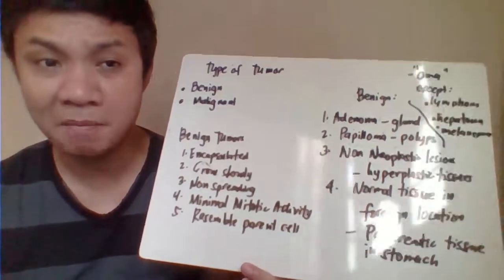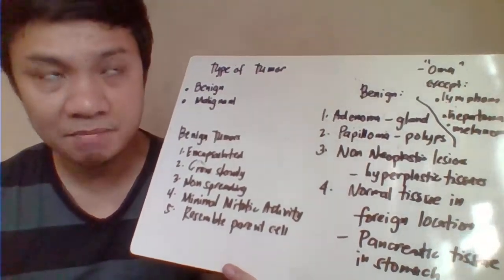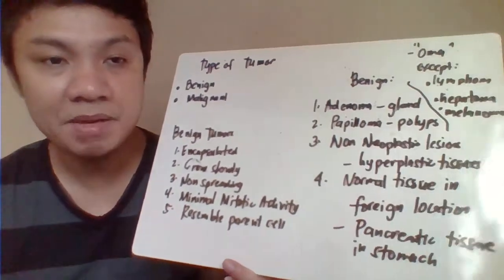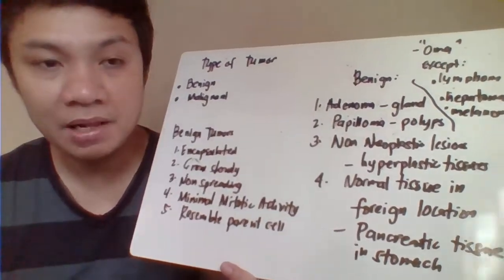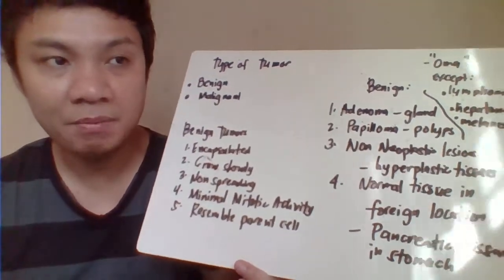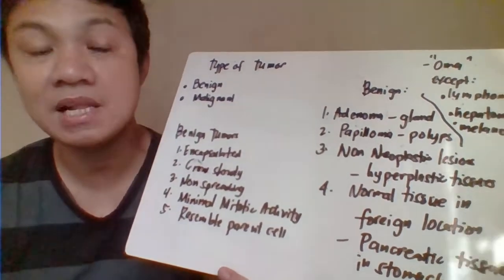That's just increasing the number of normal cells, so they are considered the normal or benign type. The fourth one could also be normal tissue found in a foreign location, like, for example, pancreatic tissue found in the stomach area, but still considered normal.